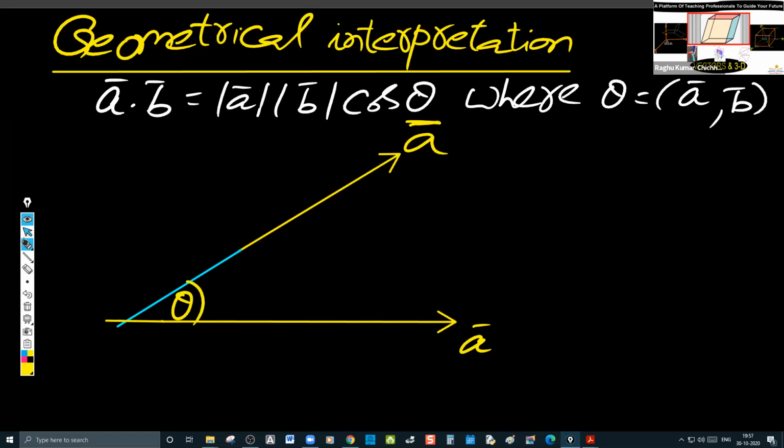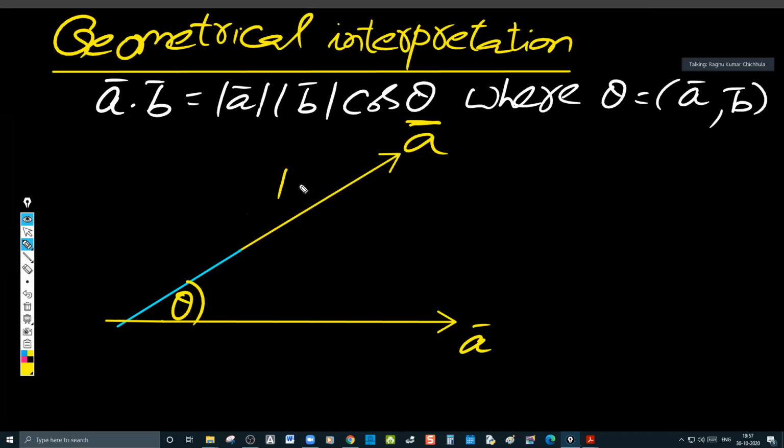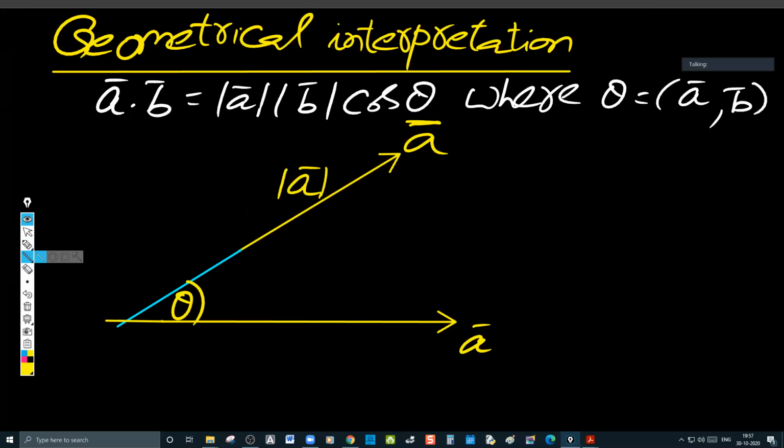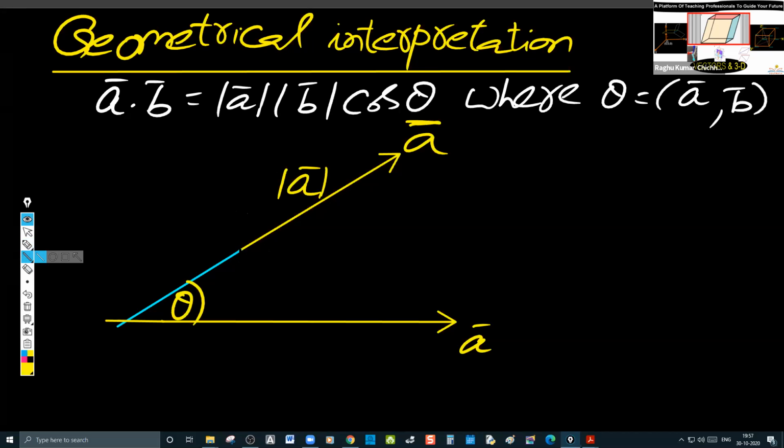This is the length of the vector A bar, and I'm representing it with mod A bar. What is the meaning of modulus in this case? Magnitude. Yes, magnitude means the length of the vector. Now I'm drawing a line which is parallel to... just a moment, please.